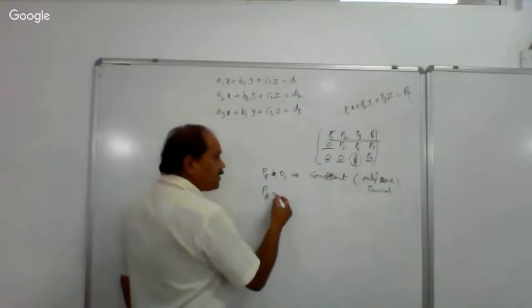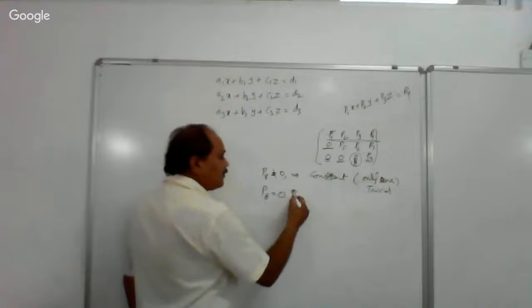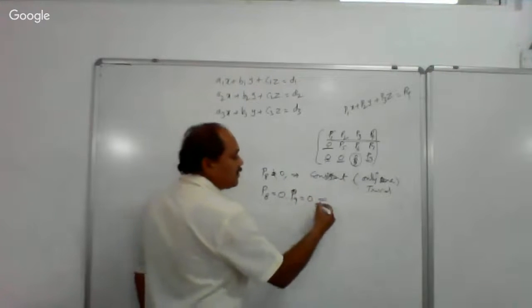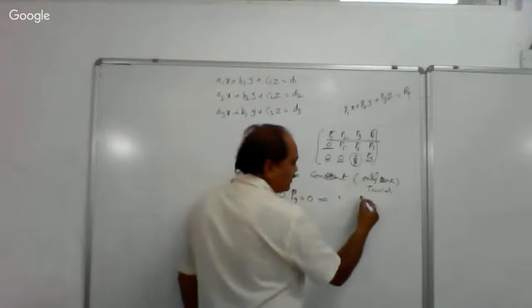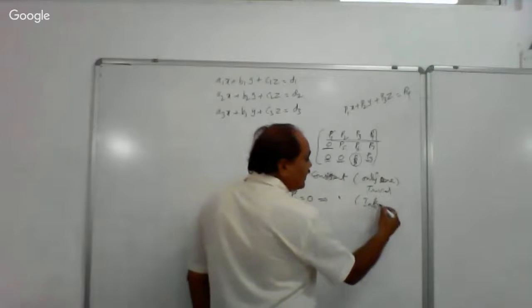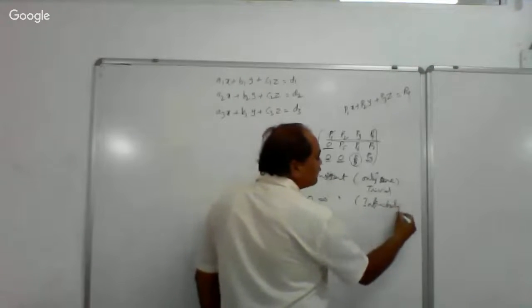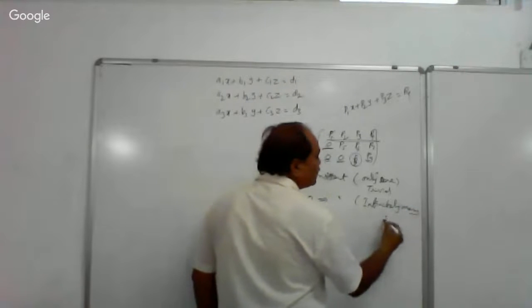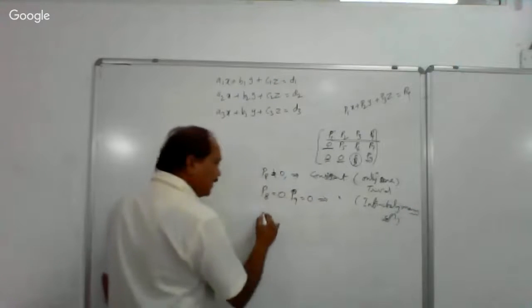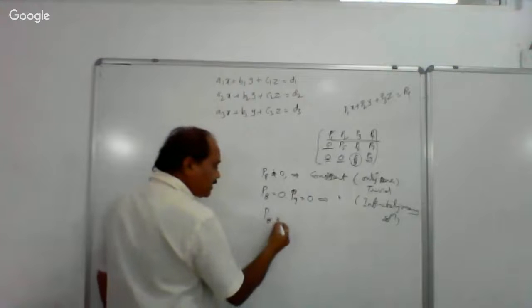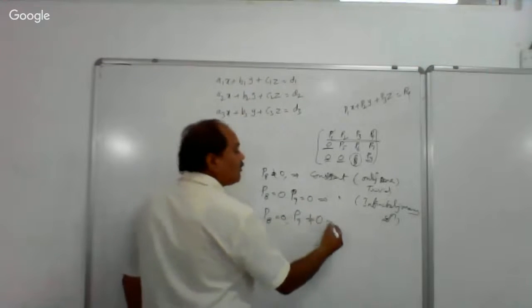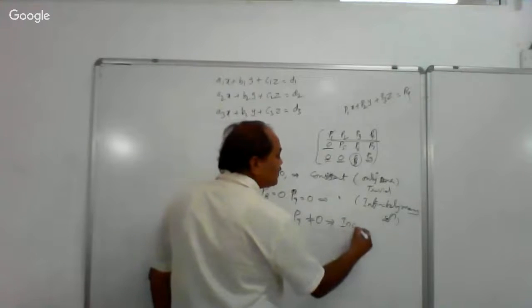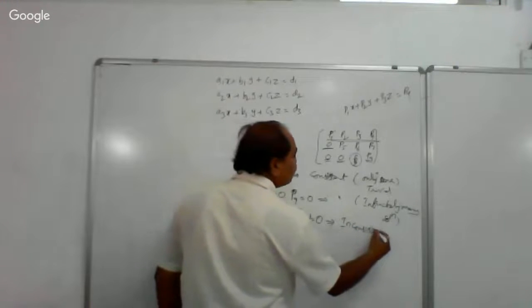Suppose p8 equal to 0, p9 also equal to 0, the system is consistent but has infinitely many solutions. Third, p8 equal to 0, p9 not equal to 0, the system is inconsistent.